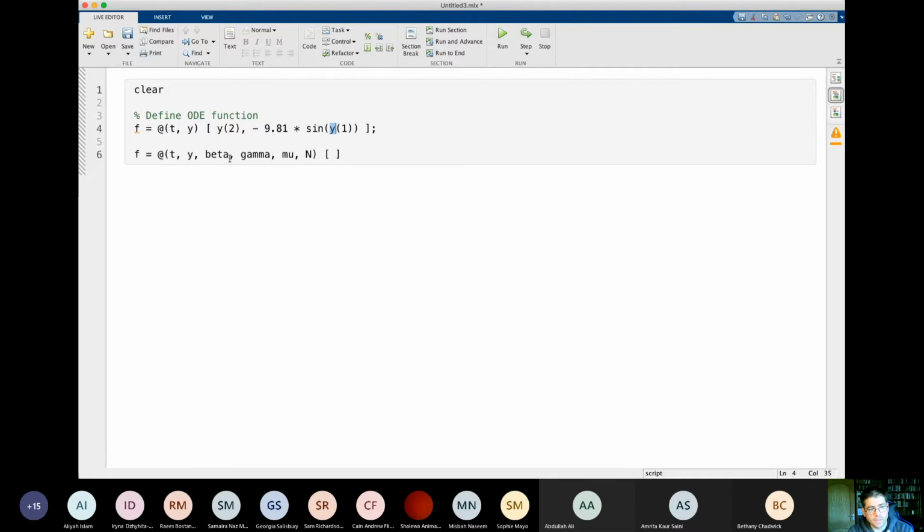So yours, you'd have t and y, and if it's the first one, without giving too much of the game away, the first one would be minus beta times I times S over N. But if your y array was S, I, R, and D, then I is the same as y2, and S is the same as y1.